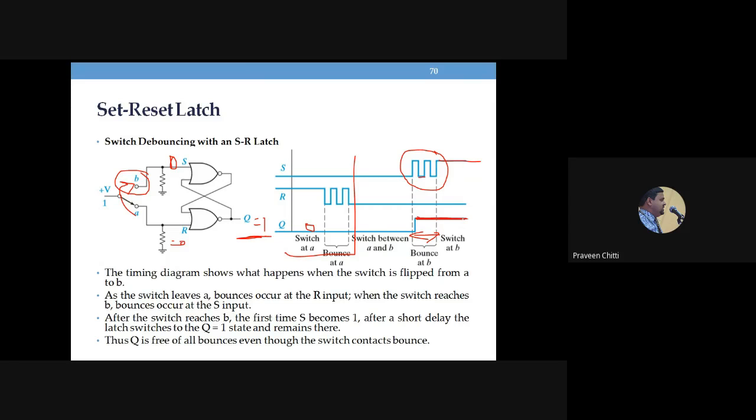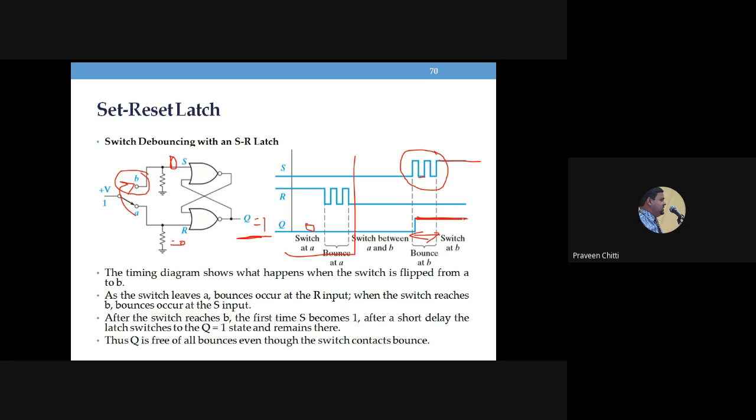So normally, whenever you move the switch from A to B, there will be several openings and closings at B. These make the S input 1 and 0 several times. Momentarily it becomes 1, then 0, then again 1, then 0, and then maybe it settles down to 1.